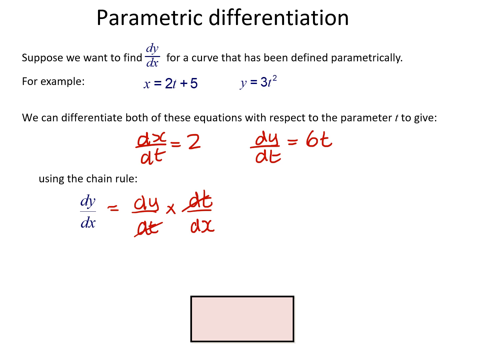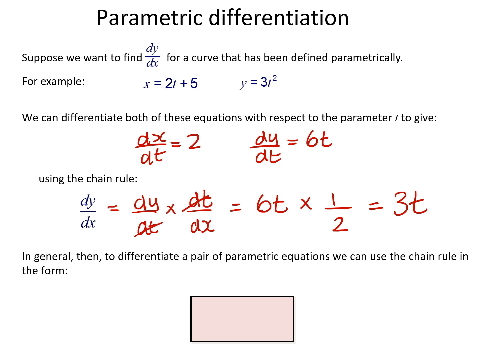So that is 6t times 1 over 2, which gives me 3t. So in general then, to differentiate a pair of parametric equations, we can use the chain rule in the form. Ta-da.